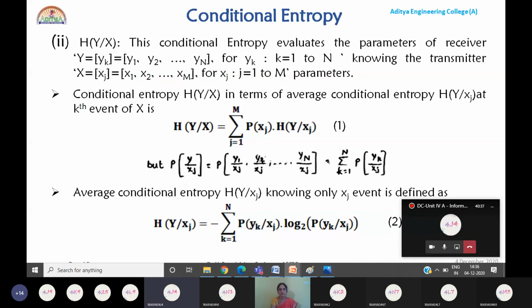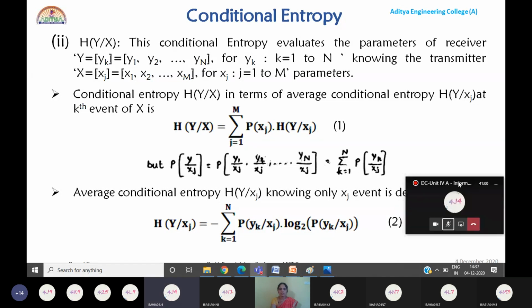In that expression, we'll write the p of y by xj equal to p of y1 by xj, y2 by xj and so on up to yn by xj, that is equal to summation k equal to 1 to n p of yk by xj.